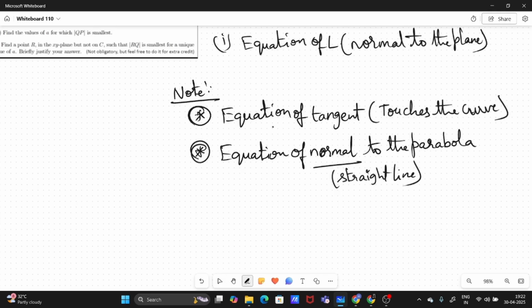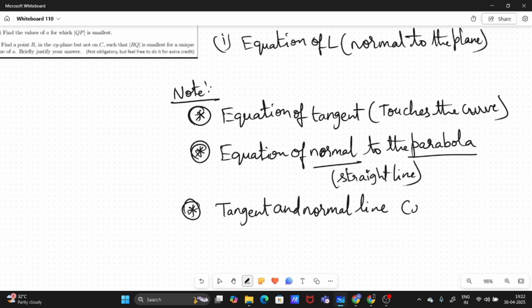The normal doesn't touch the curve, it passes through that curve, that parabola. But when it passes, the tangent and the normal lines create an angle of 90 degrees, which is why they are perpendicular.